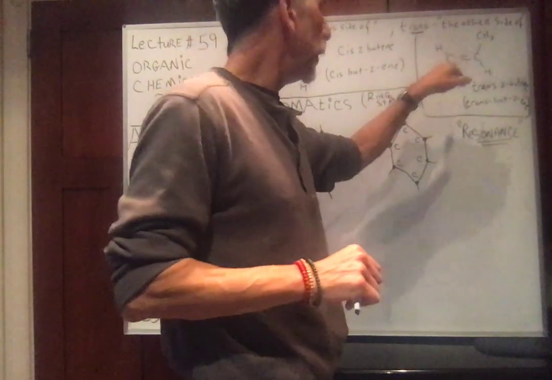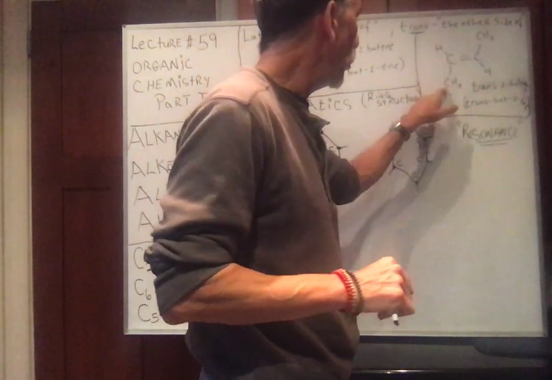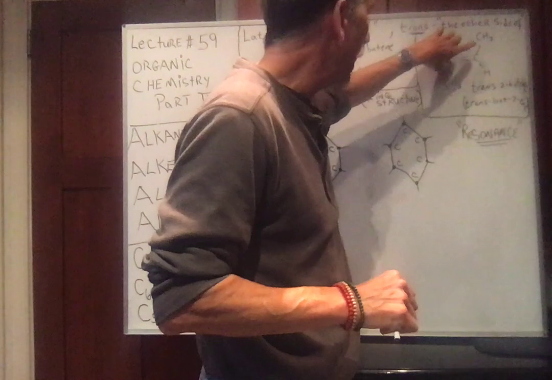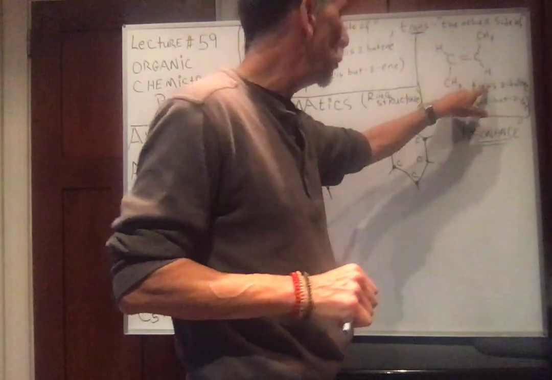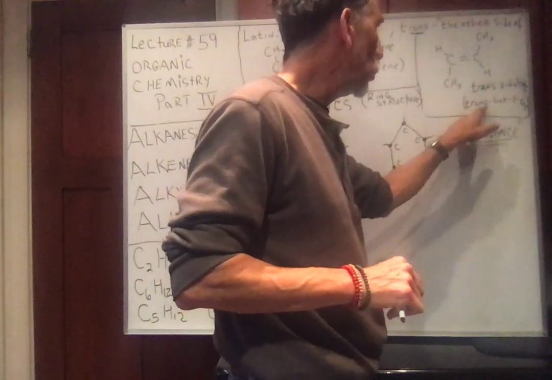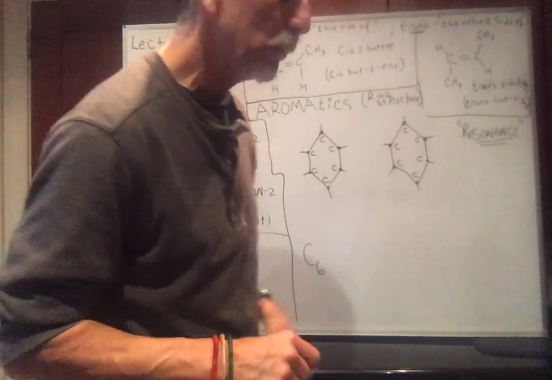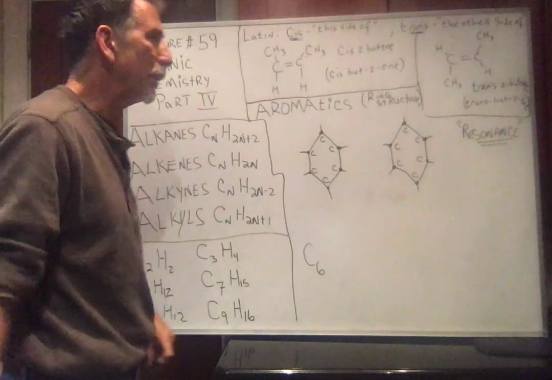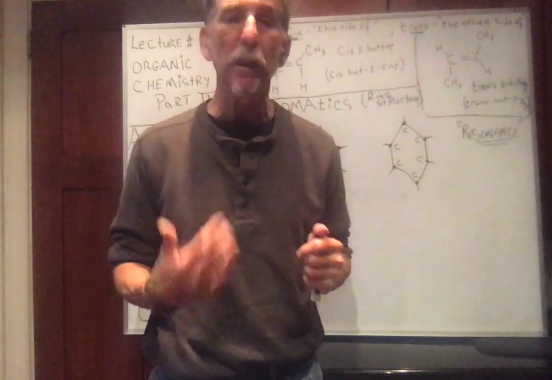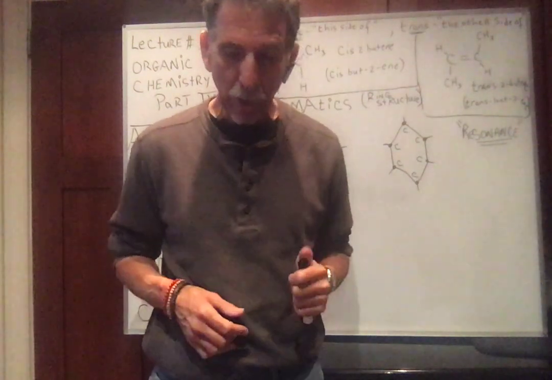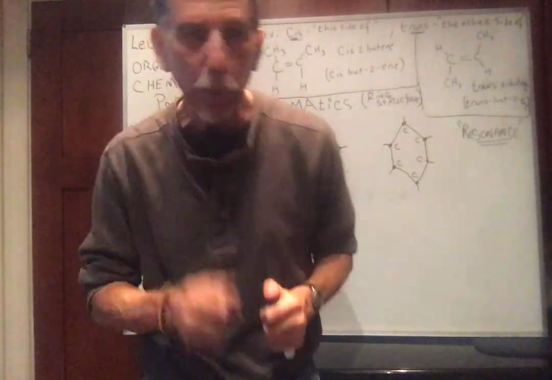The other side of, you see the methyls, 1, 2, 3, 4, but these CH3s, the bookends, are on opposite sides geometrically, so this would be trans-2-butene or trans-but-2-ene. But again, I will not be talking about cis and trans. I just wanted to clear that up in case you happen to see it in the textbook and have no idea what's going on.